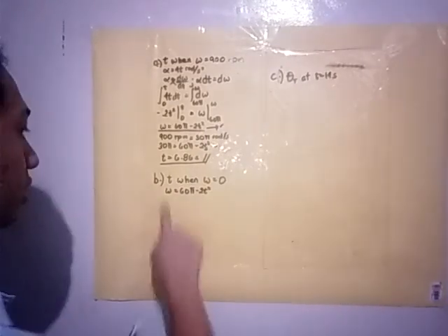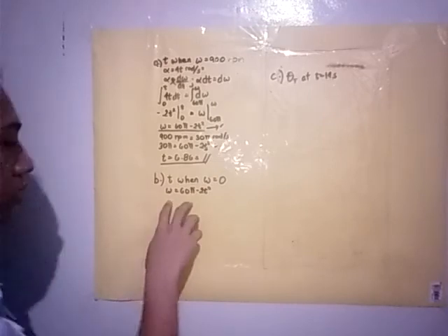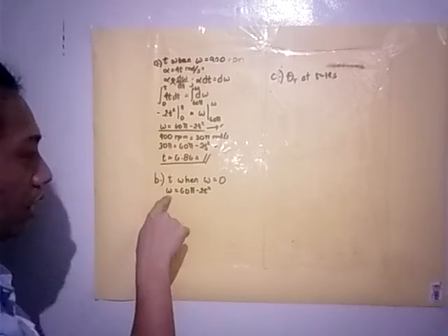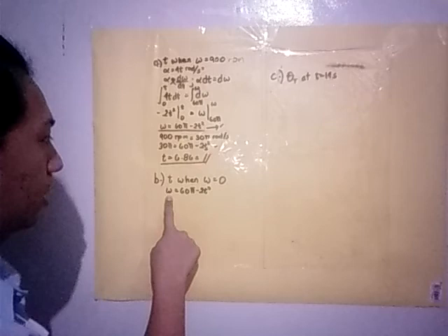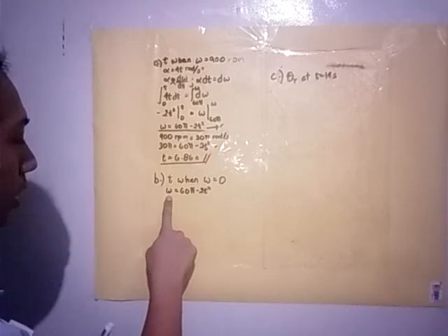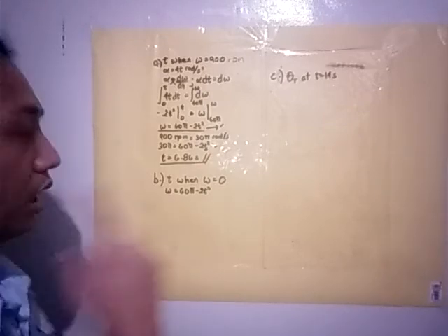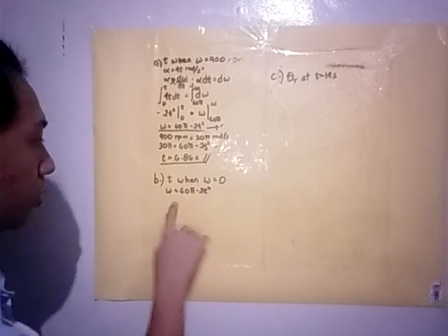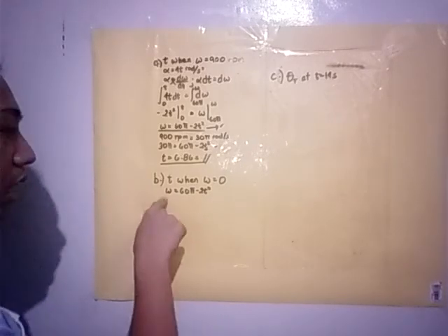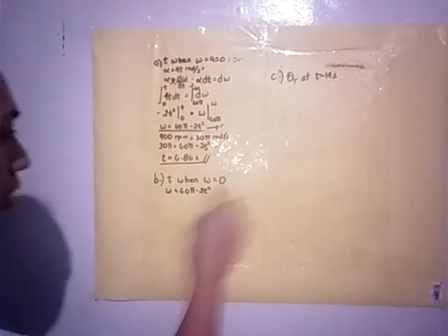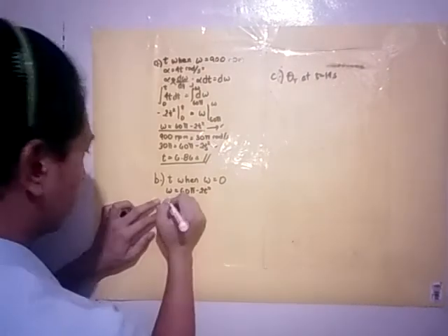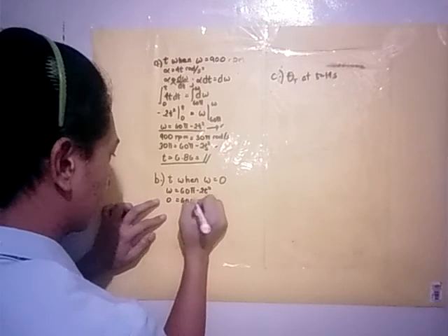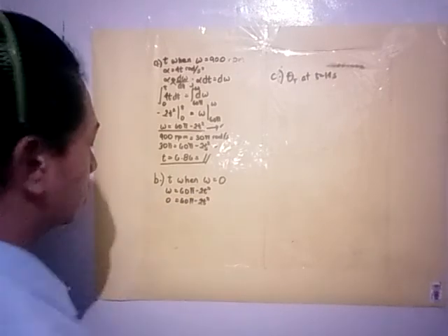Because as I said earlier, this is the equation for our angular velocity as time passes, and this is the equation for us to determine it. Substituting omega = 0, 0 is equal to 65 minus 2t squared.